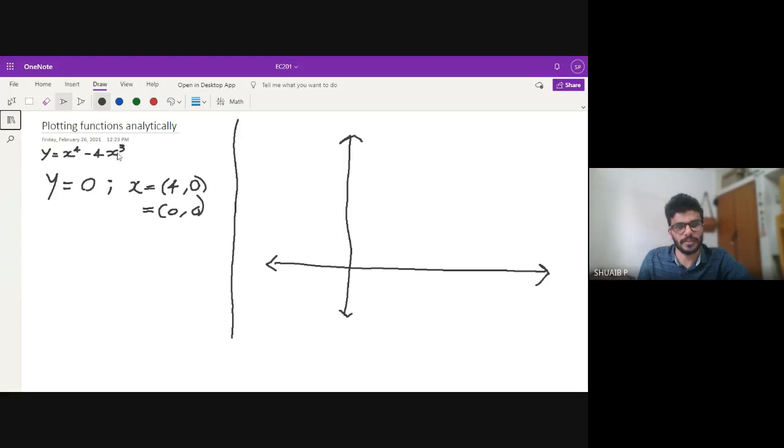If you give 0 to this equation, you will get 0. So we got 2 points in the curve, 0, 0 and 4, 0. These are the two initial pieces of information we get out of the function.